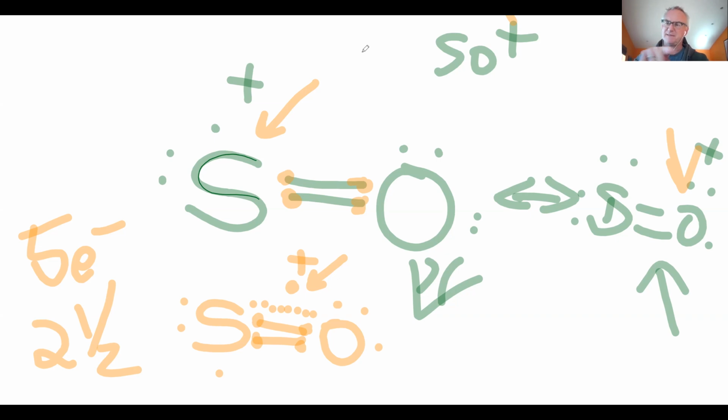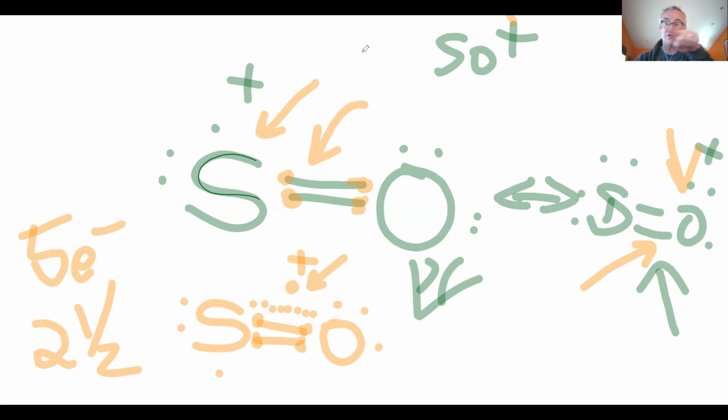So does this make sense to everybody? How you can get an order of 2.5 when we're dealing with these hybrid drawings? Because in one, we've got a double bond there. And in the other one, we have the same double bond, but the electron's in a different place.